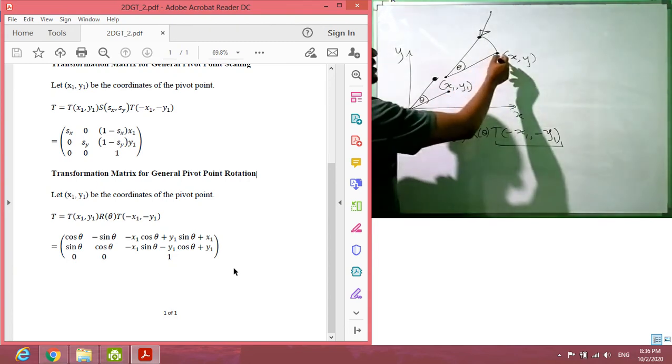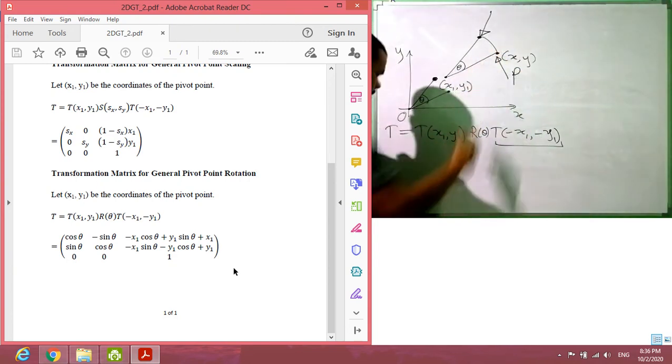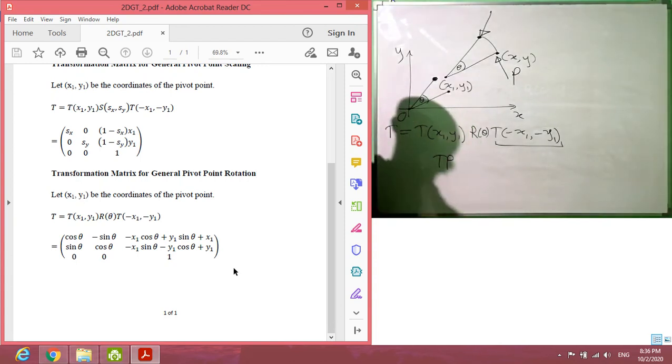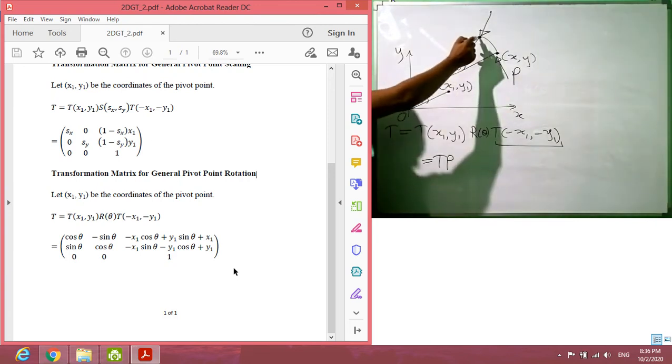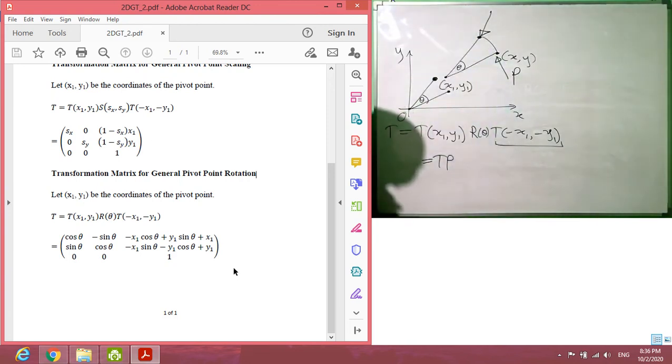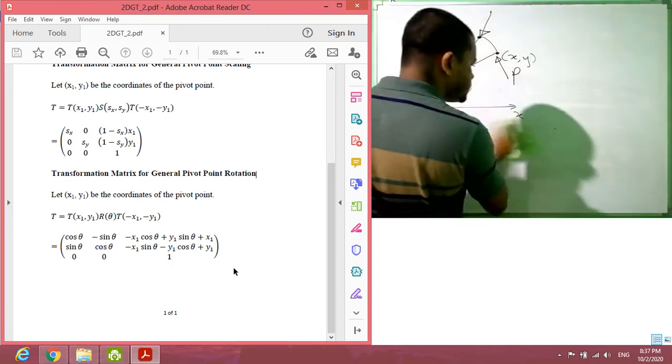If this is our point P, then TP will provide us the coordinates of this point. That is the logic behind this transformation matrix for general pivot point rotation. And scaling also, you can think of in the same way.